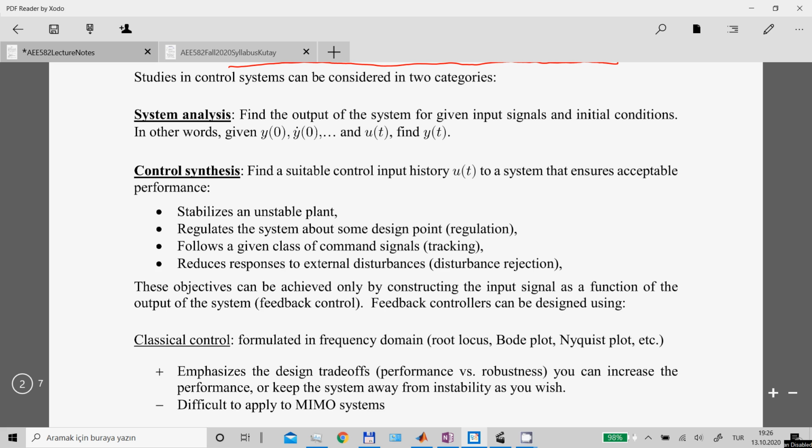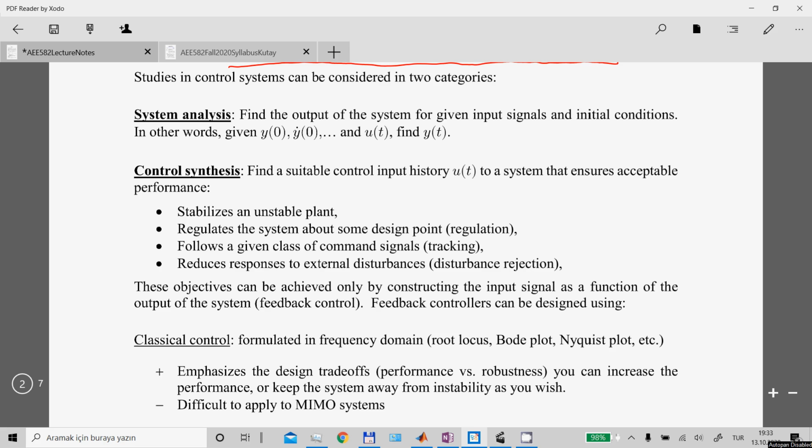And to obtain this control, design a controller, we need to apply feedback control. So we take the output of the system and feed it back to our controller and form a closed loop control system. And only by using such a closed loop setup, we can possibly achieve these goals here. The methods available for designing controllers can be considered in two separate groups.